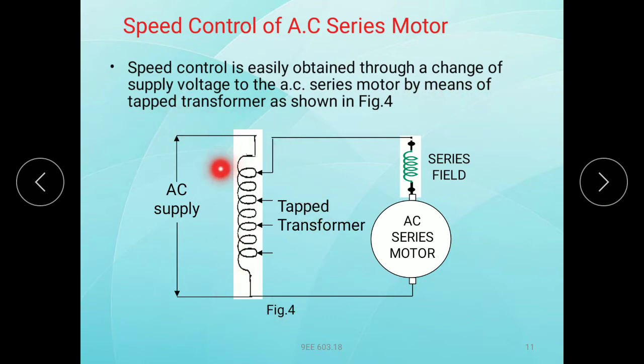So by changing these tappings, we can control the speed of the AC series motor.